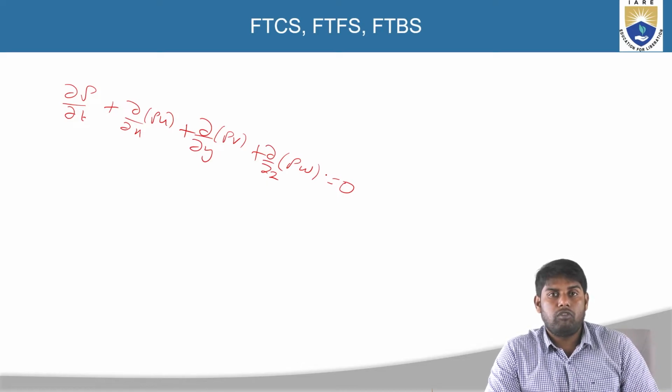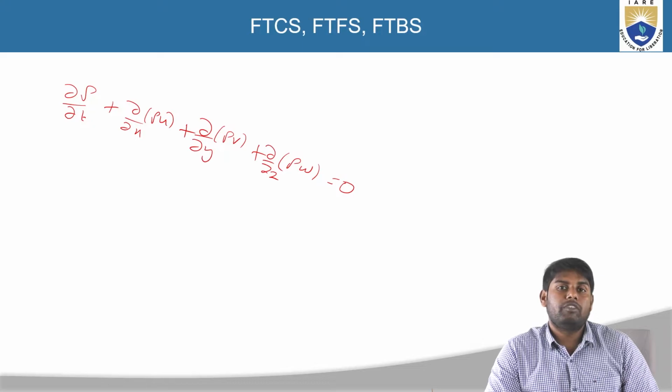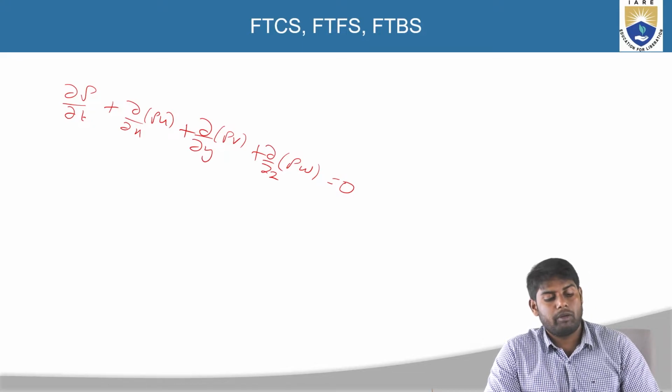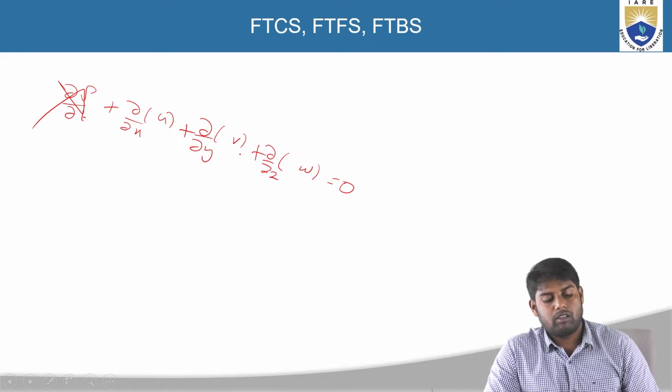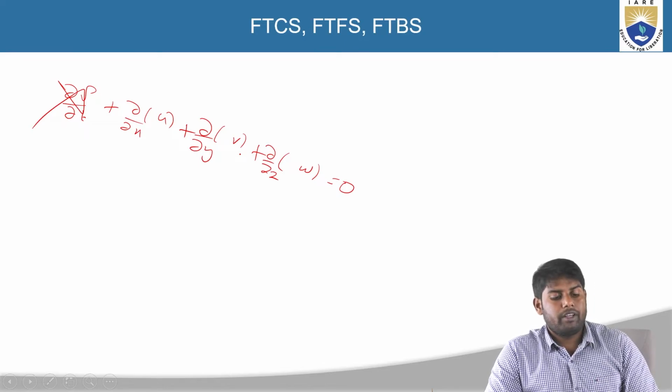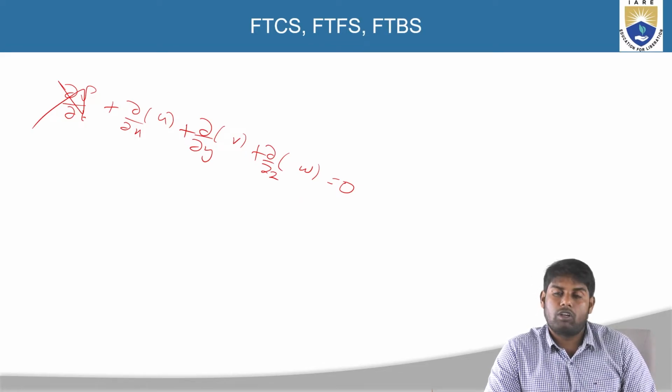So this is the full-fledged continuity equation. So if we assume the flow is incompressible, what happens? This term is 0, and the density terms will not be there. So here you can see dou u by dou x plus dou v by dou y plus dou w by dou z is equal to 0.